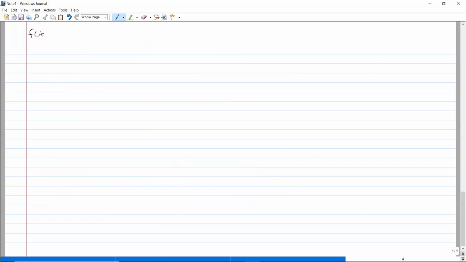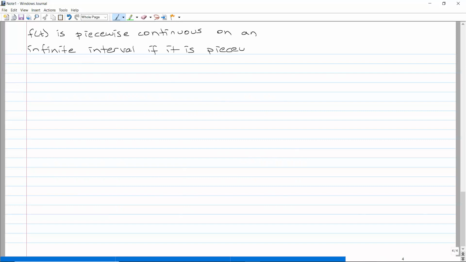A function f of t is piecewise continuous on an infinite interval if it is piecewise continuous on every finite subinterval.